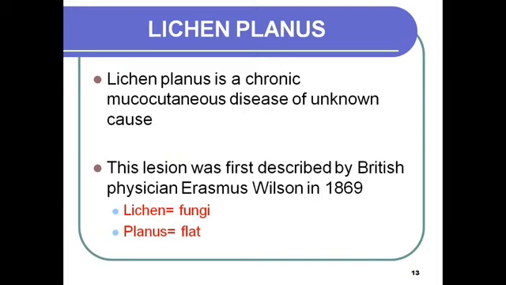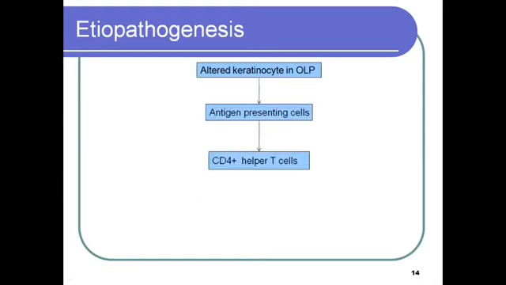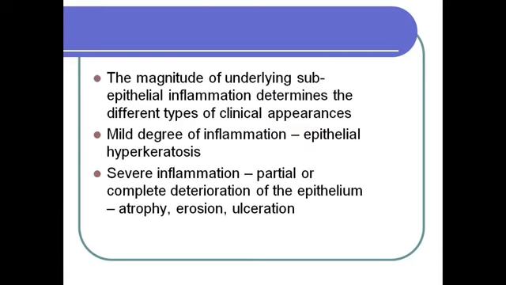It is distributed in oral mucosa. And the etiopathogenesis could be that it is an autoimmune disease. It could be the changed keratinocyte presenting as antigen, and it is affecting CD4 and CD8 helper cells, which ultimately causes basal cell apoptosis.